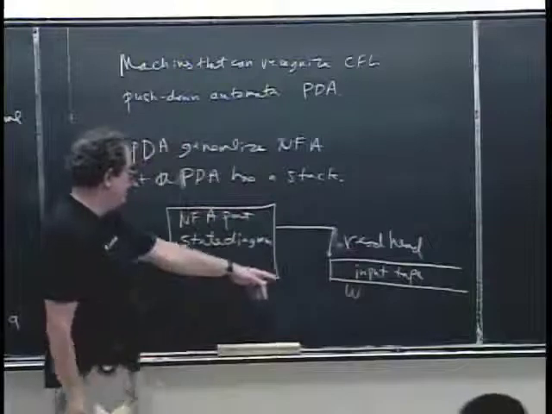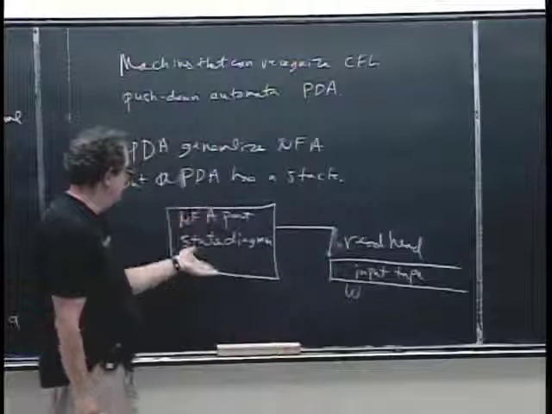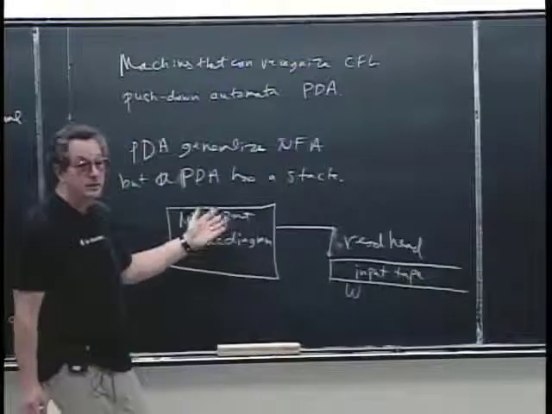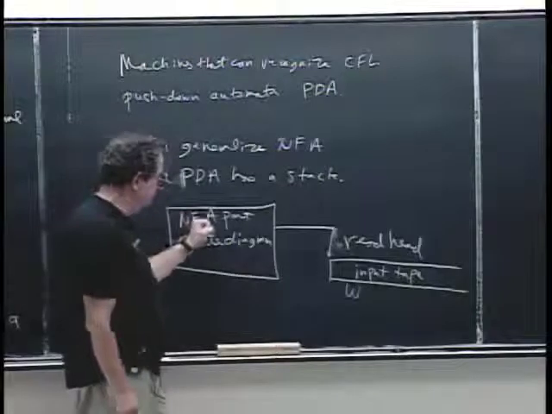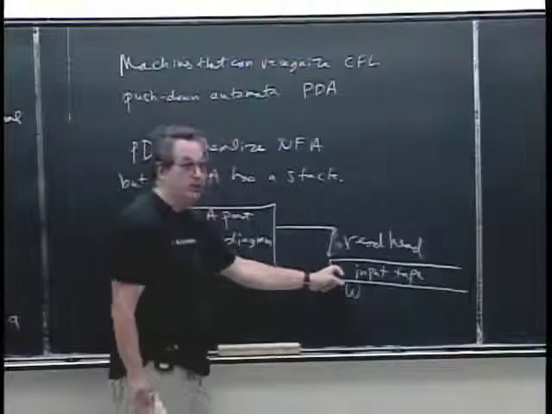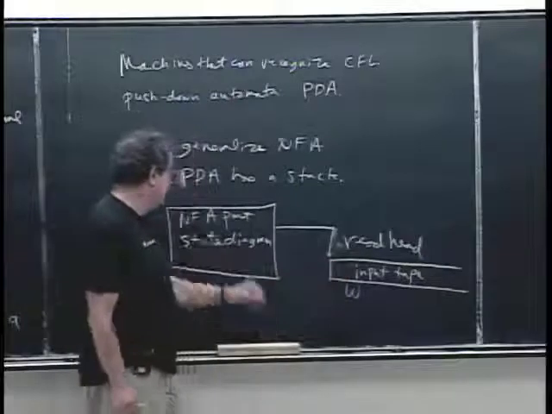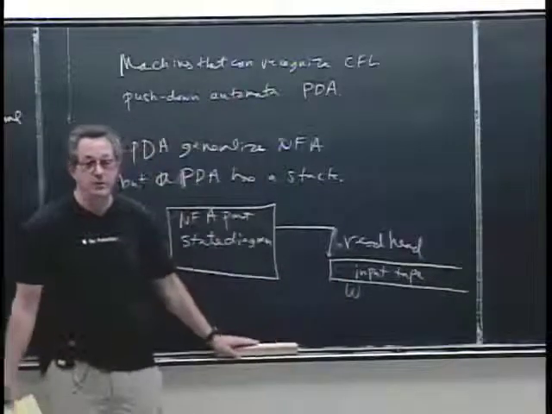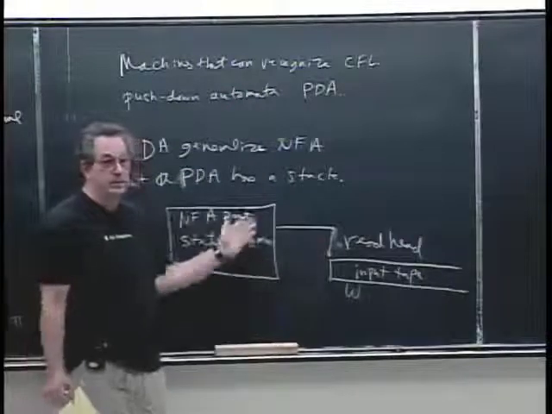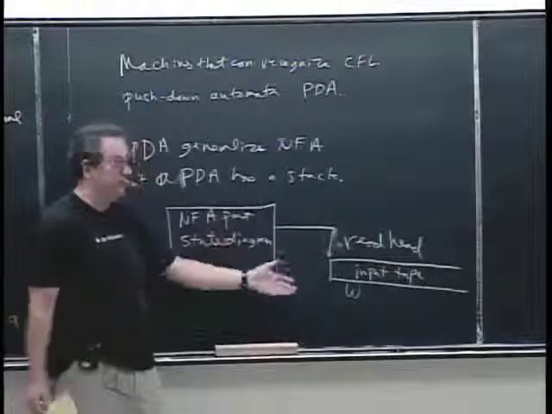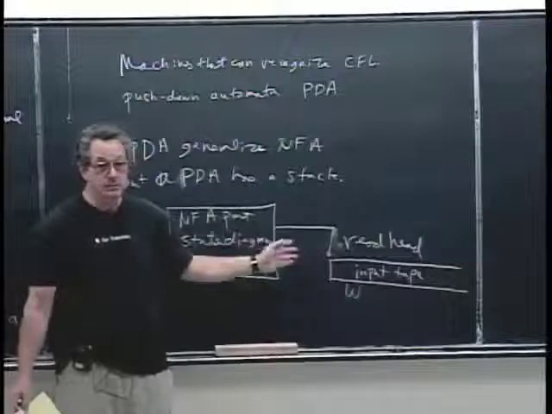So this is the input, and here we have the NFA, which has rules in it, which says if I'm in a particular state and I see a particular character, I consume that character and I change state or stay in the same state. Okay, so far this is just a cartoon picture of a normal NFA. There's nothing new in here yet.